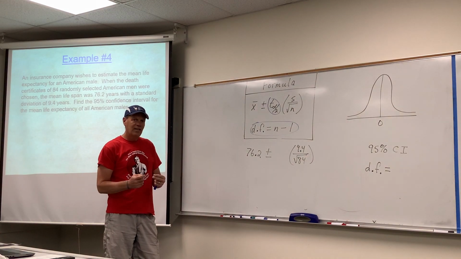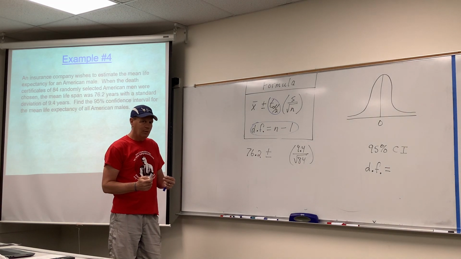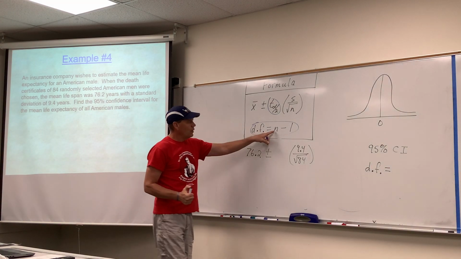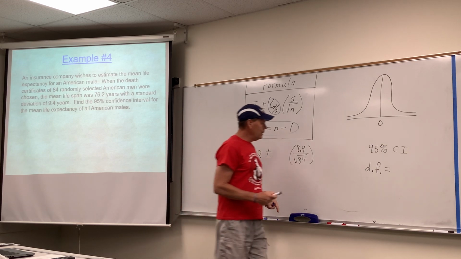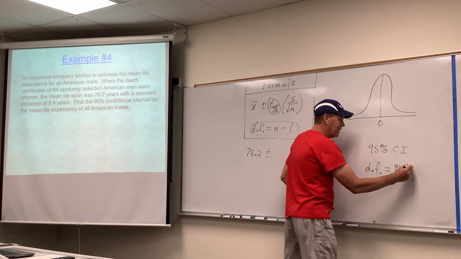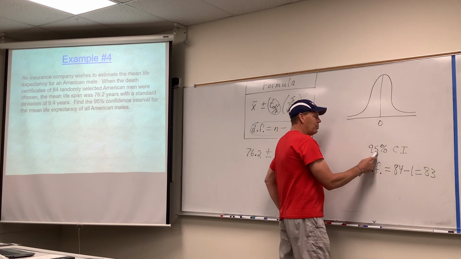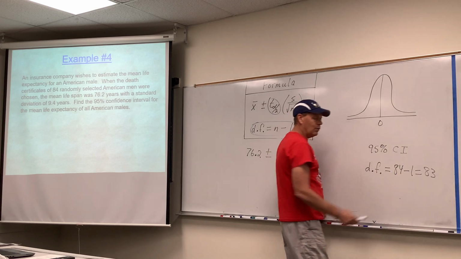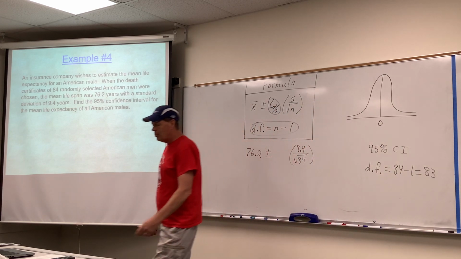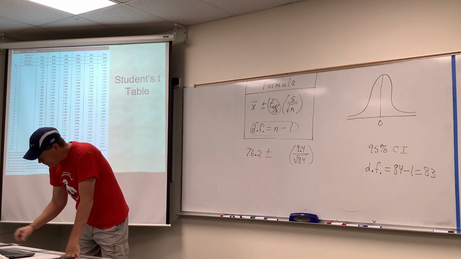These two things taken together are what we're going to use when we go back and read this different table. And n minus 1 would be your sample size minus 1. So that would be the 84 men that were sampled minus 1, 83. So we're going to look for a 95% confidence with 83 degrees of freedom. So now let's go back to the table and discuss how you would do that.